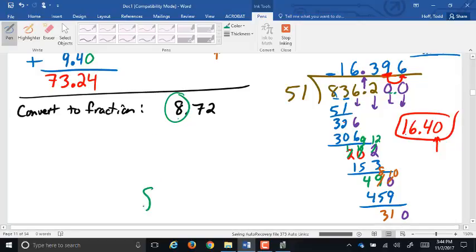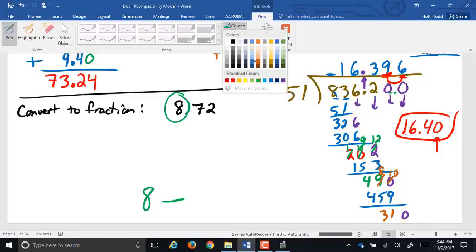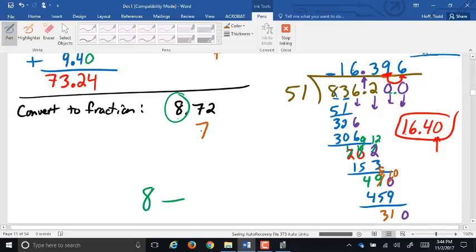That is just my whole number. That's going to stay. Now I've got the 72 afterwards. That's 72 over what? Hundredth. Because this is tenths, hundredths.